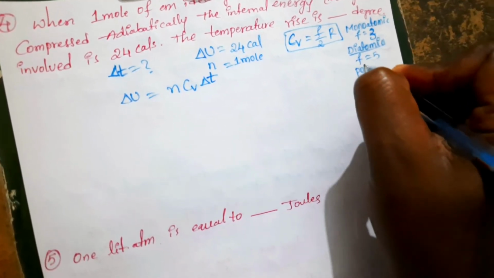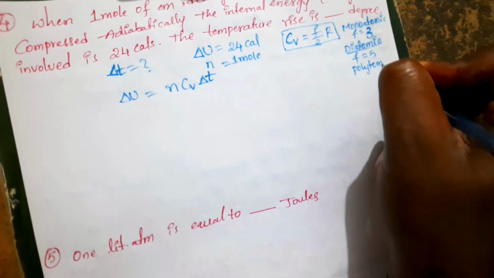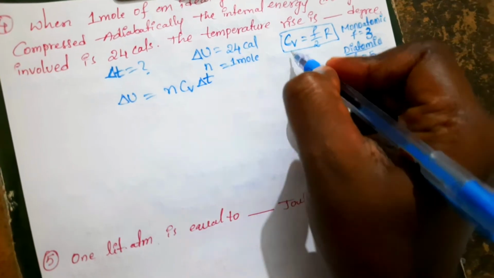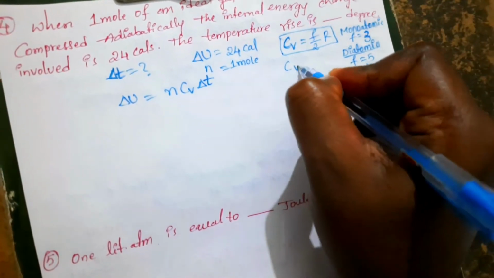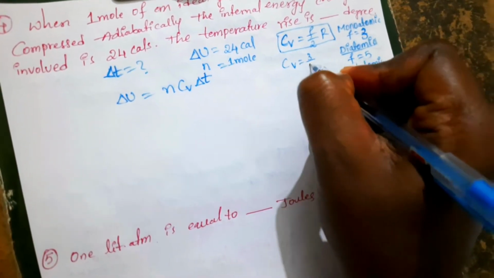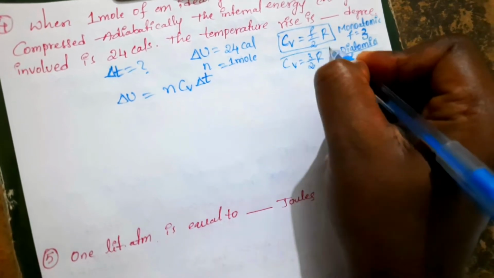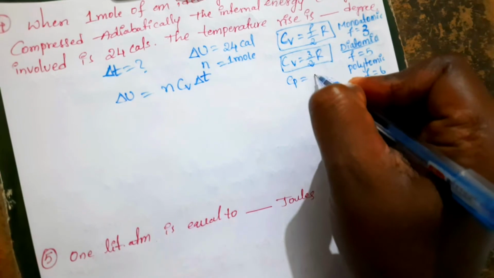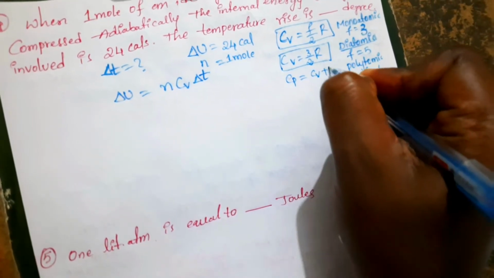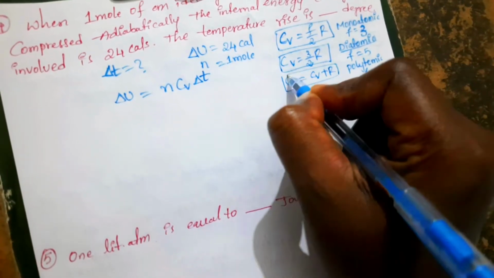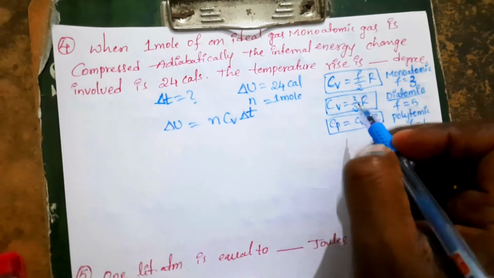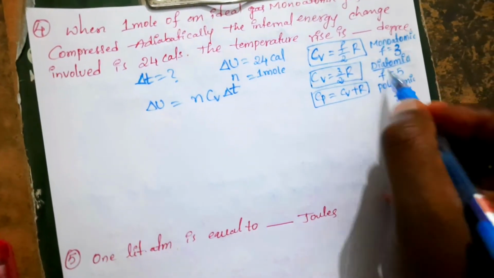For polyatomic gas, F is equal to 6. So Cv for monoatomic gas is 3 by 2 R. If you know Cv, you can calculate Cp, that is Cp is equal to Cv plus R, so Cp minus Cv is equal to R. So you have the complete information about the Cp-Cv relation and how to calculate degrees of freedom also.